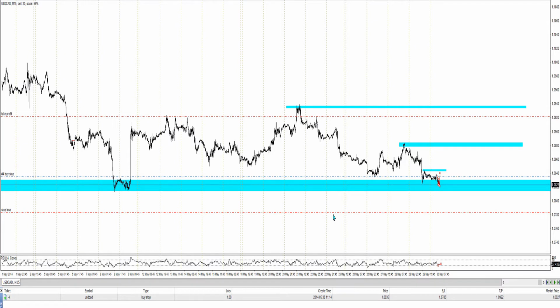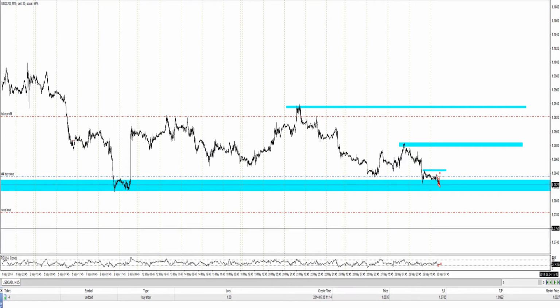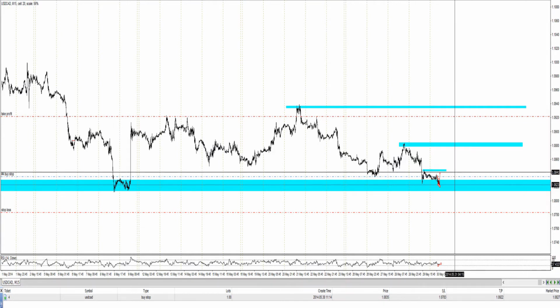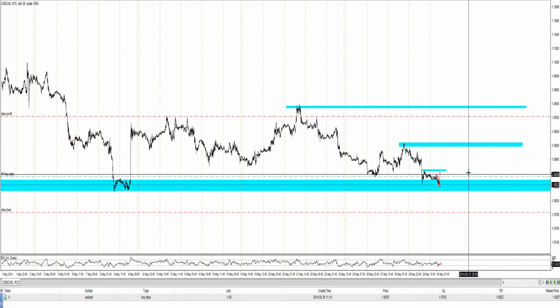That's the first place that I would really take my profit. So it's 62 pips away from my entry where I would consider taking my first profit. That would be somewhere up here in this area, just above this blue line here. Let's just demarcate that area quickly.